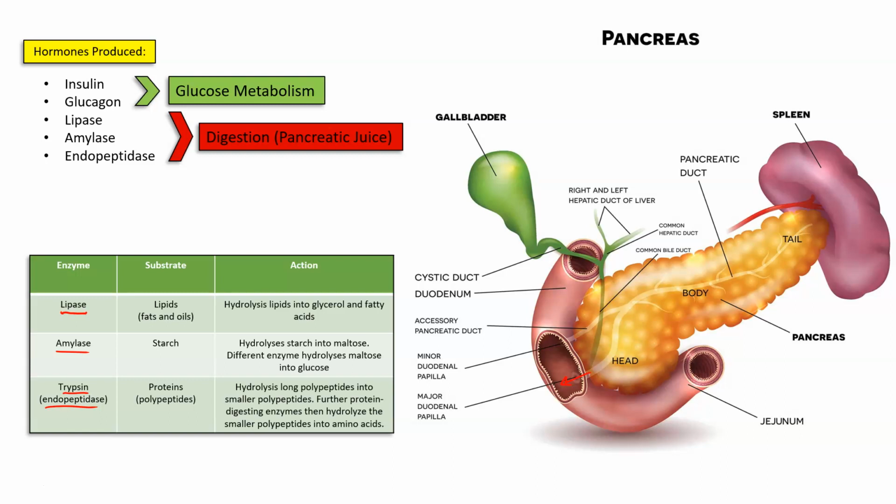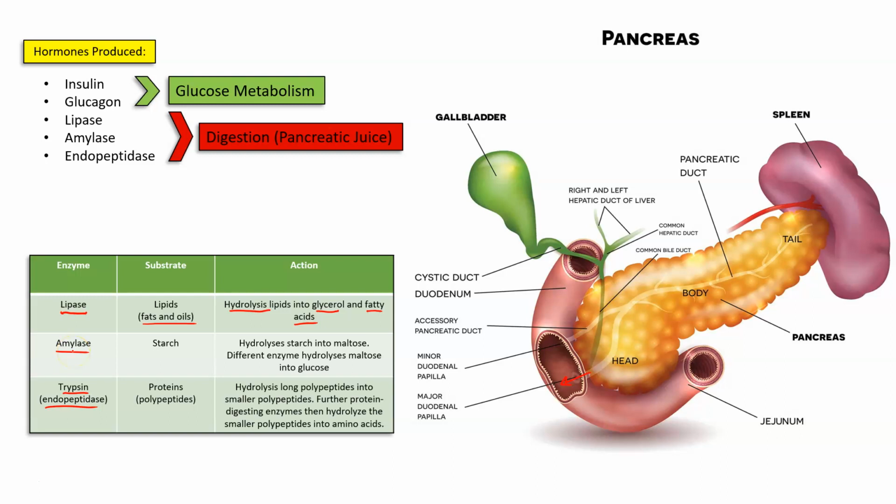The substrates for lipase would be fats and oils, basically triglycerides, and the lipase is going to break those triglycerides down via a hydrolysis reaction into the monomers that make up those triglycerides, which is glycerol and the 3 fatty acid chains, right? So the hydrolysis of lipids will release the monomers, glycerol and fatty acid. It takes a lipase to do that.